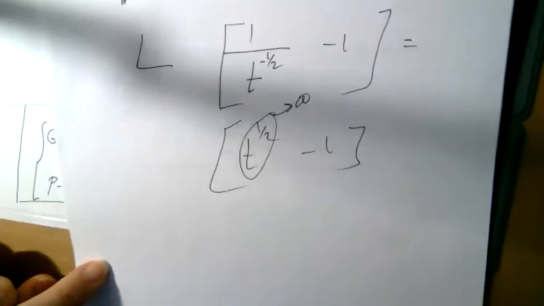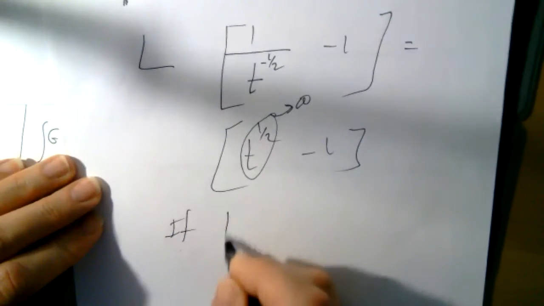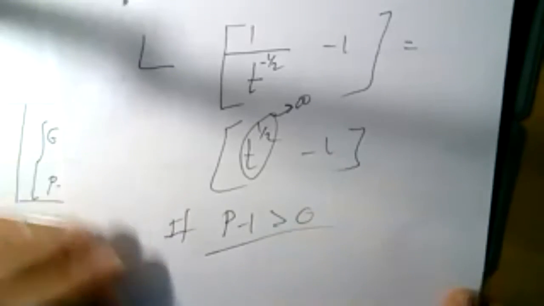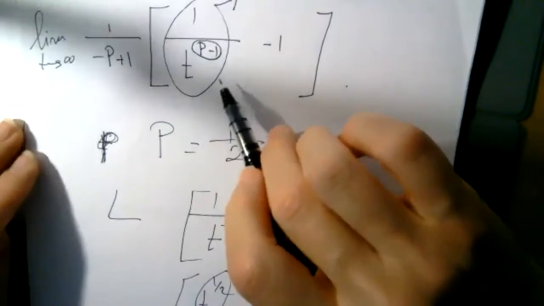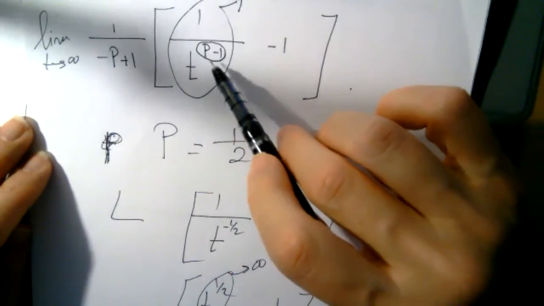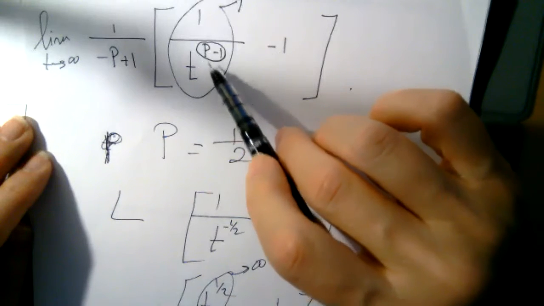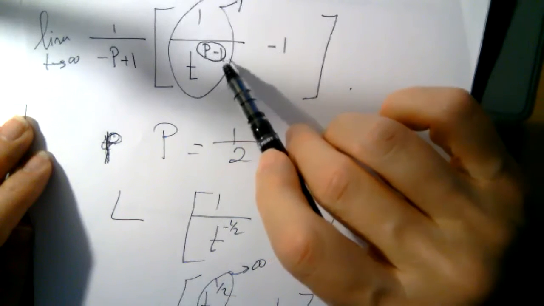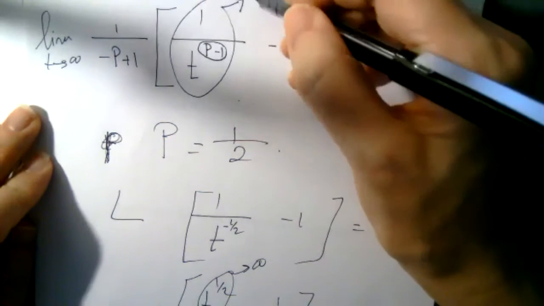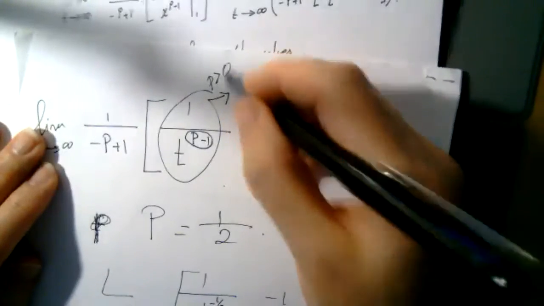If p minus 1 is positive, so now you have 1 over t squared, 1 over t cubed, this term will go to 0. Sorry.